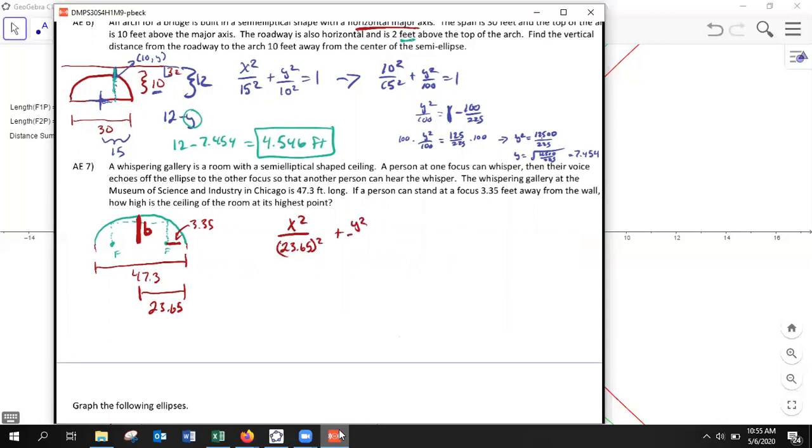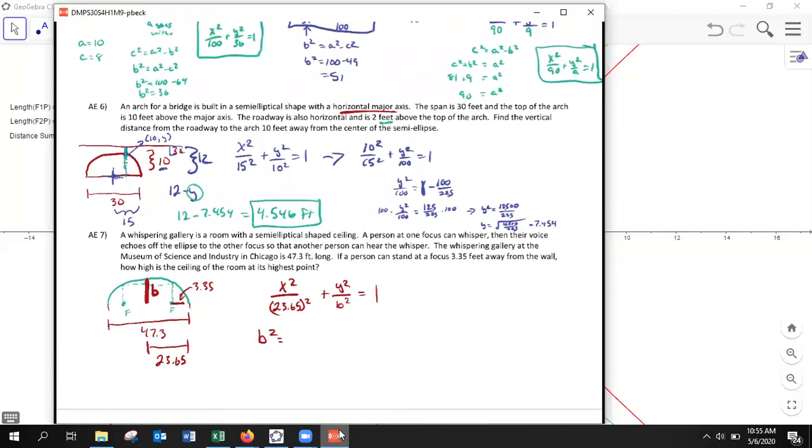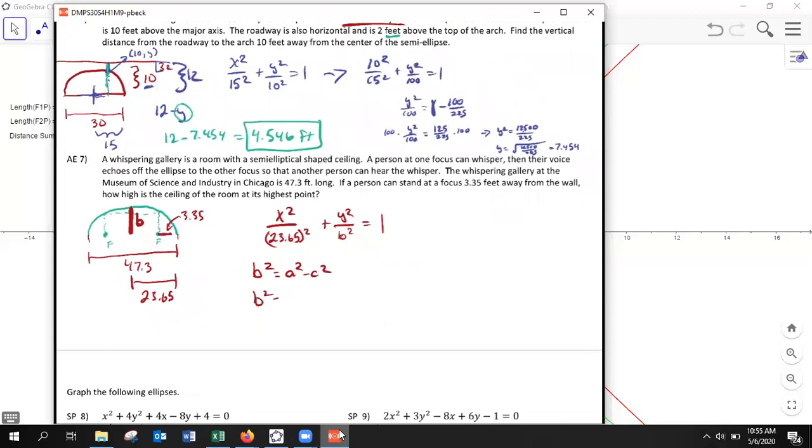Our y squared, we don't know vertically what that is, so we're going to call that b squared equals 1. Well, how are we going to find our b squared? If you remember, going back to some of the work we did before, b squared is a squared minus c squared. We happen to know our a, so b squared is 23.65 squared.